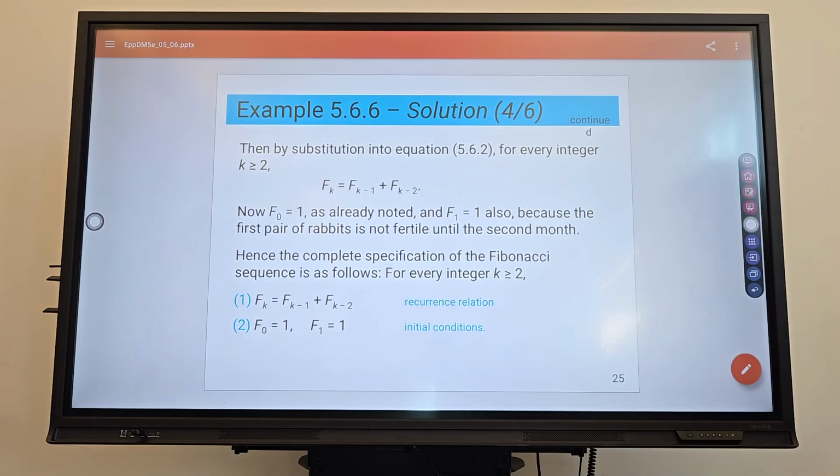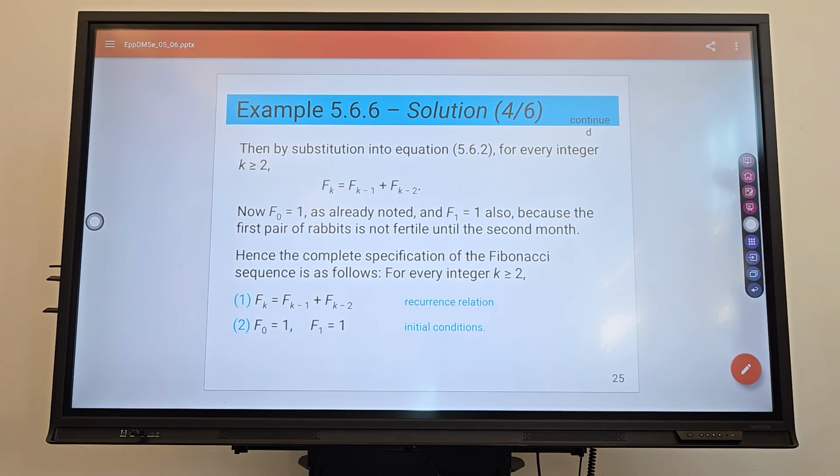Then by substitution into the equation, for every integer k greater than or equal to 2, f sub k equals f sub k minus 1 plus f sub k minus 2. F sub 0 is 1, as already noted, and f sub 1 is equal to 1 also because the first pair of rabbits is not fertile until the second month.